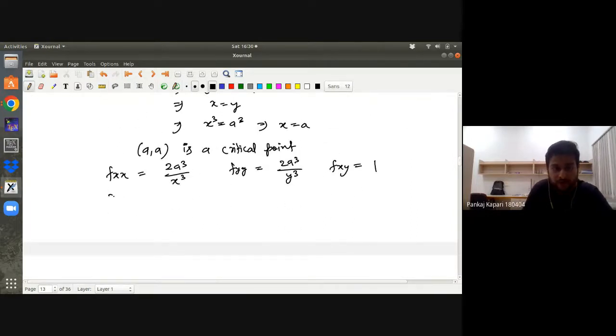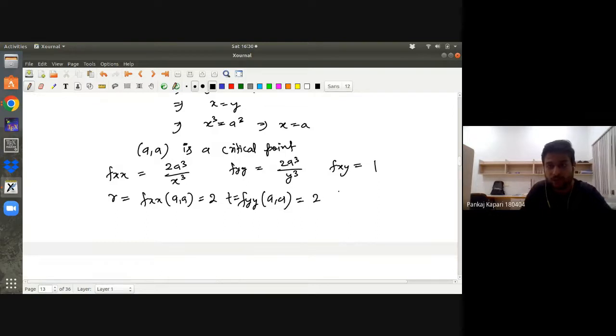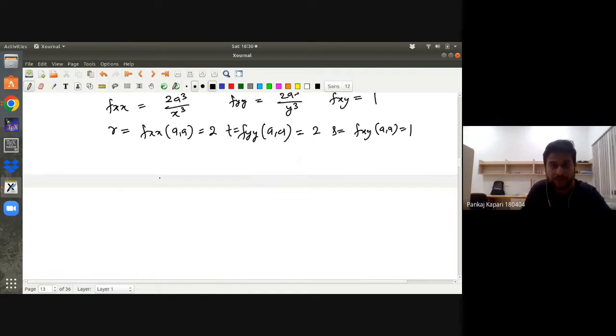Okay. Now what is our R? This is fxx at the critical point, that is (a, a). It is 2. What is fyy? This is T at the critical point (a, b), which is (a, a) in this case, and that is again equal to 2. And what is S? S is equal to fxy at (a, a). This is equal to 1. Okay, so now we apply the derivative test.